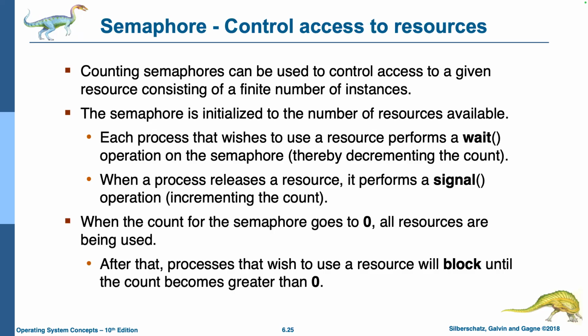Each process that wants to use the resource uses wait, until the semaphore is greater than 0, meaning we have the resource. And after using the resource, once you release it, you perform a signal, giving back the resource.